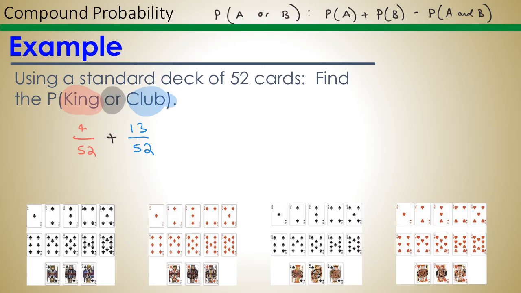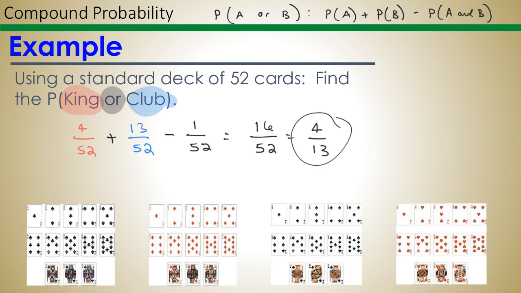There is a king that is a club, so we have to subtract that because we counted it twice. So minus 1 over 52. If I add these together, 4 plus 13 is 17, minus 1 is 16, so that gives me 16 over 52. That simplifies down to 4 over 13 if I divide both numbers by 4. So that is the probability of either getting a king or a club.